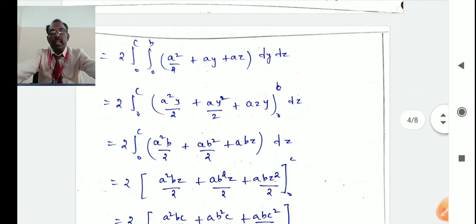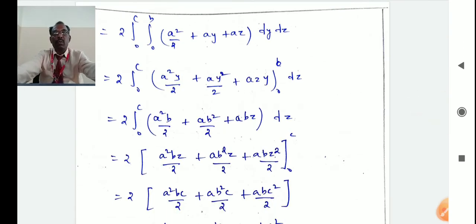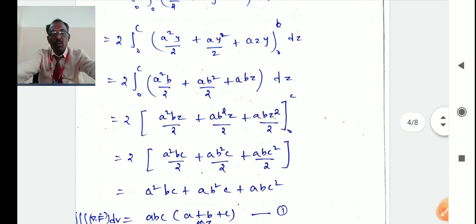Now we take the integration of this function with respect to z, it becomes a squared b by 2 into z plus a b squared by 2 into z plus ab into the integration of z, which is z squared by 2. Now I put z equal to c, we get 2 of (a squared bc by 2 plus a b squared c by 2 plus a b c squared by 2).